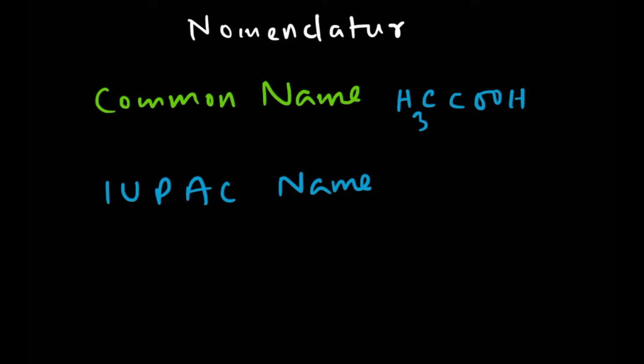And what about the IUPAC name? It is actually a scientific or systematic way of naming organic compounds. Its full form is International Union of Pure and Applied Chemistry. So in the IUPAC system, first of all we have to know the parent hydrocarbon, the functional group and the branch chain.